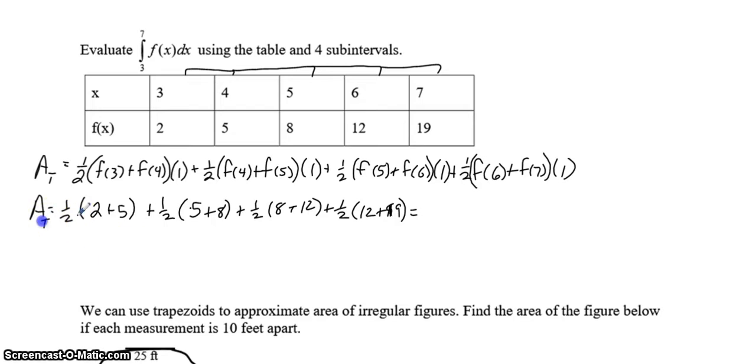And so our trapezoidal approximation turns out to be 14.2. That don't look right. That's not right.